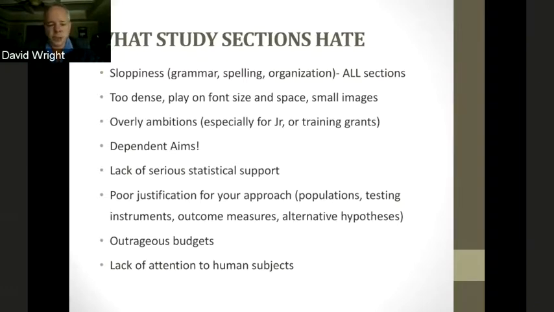Lack of serious statistical support. I know a lot of you out there have MPHs and PhDs and other things on your name tag, but I'm going to tell you that the statistical reviewers in the room want to see a statistical reviewer on the grant. I don't care, honestly, how good the statistical section is written.